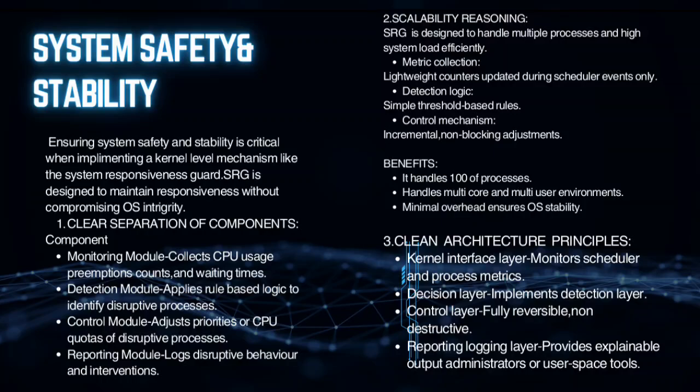The detection module applies rule-based logic to identify disruptive processes, and the control module adjusts priorities or CPU quotas of disruptive processes. The reporting module logs disruptive behavior and interventions.